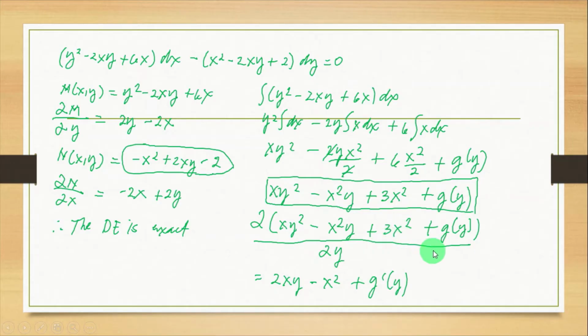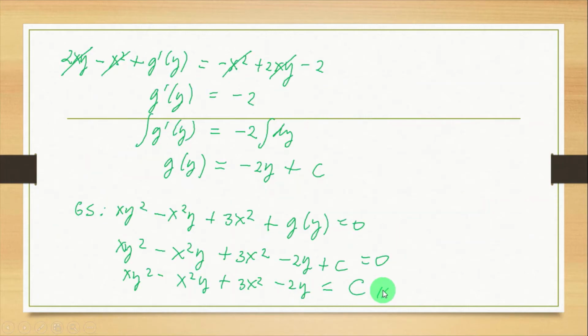So the next thing that you need to do is to get the derivative of g of y. Hence, you have g prime of y here. You have 2xy minus x squared plus g prime of y.